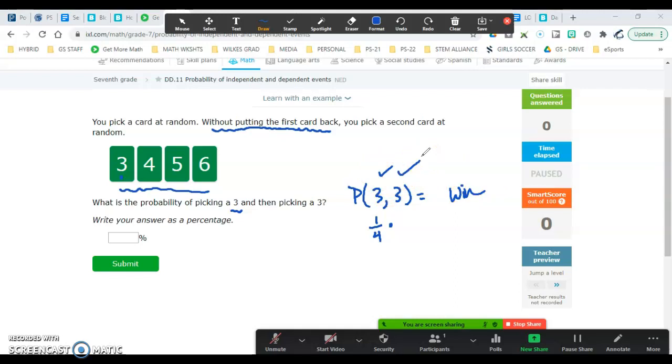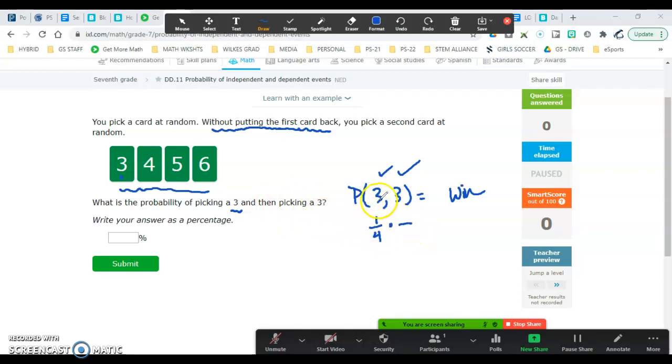If I didn't pick a 3 the first time, I would stop playing the game. So we look at the chance that we won. What's the chance of drawing a 3 straight up? 1 out of 4, because there's one 3 out of 4 cards. Assuming that we won that, what's the chance of picking a 3 again?